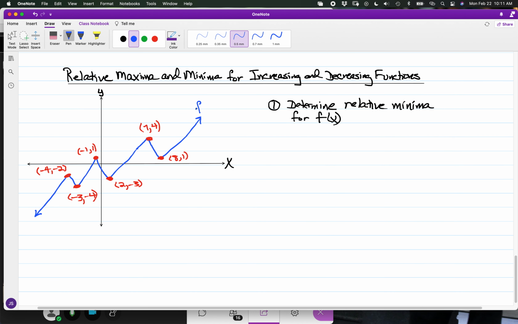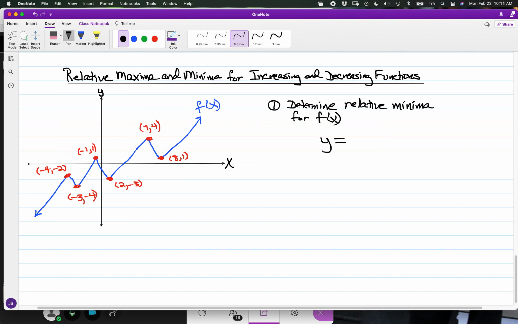Now taking what we have for the relative minimum, those are going to be the y values whenever the graph takes a momentary dip. If you notice, reading in order from left to right, you have the graph increasing. Then after it reaches this peak, it starts to decrease. So this point here is going to be your first relative minimum, and you're going to have your y value at negative 4.